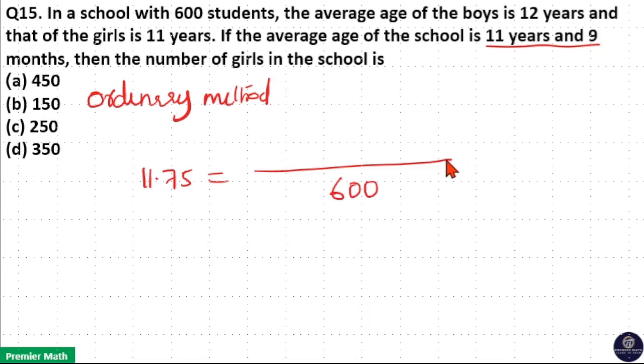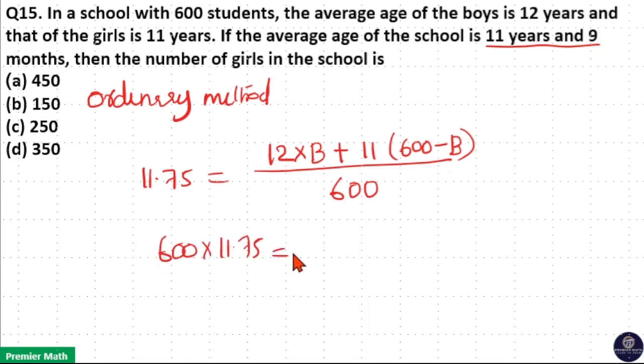Here sum of age of boys and girls is, average of boys is 12 and total number of boys consider it as B, plus average age of girls is 11 years and total number of girls is 600 minus number of boys. Now if you solve this, you will get number of boys, that is 600 into 11.75 is equal to 12B minus 11B is B plus 600 into 11.